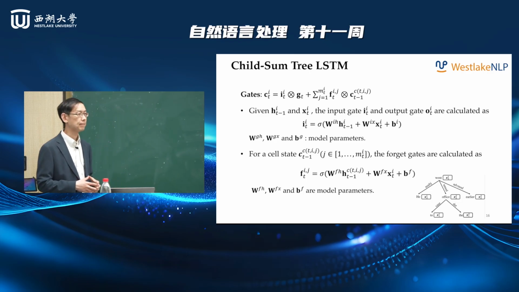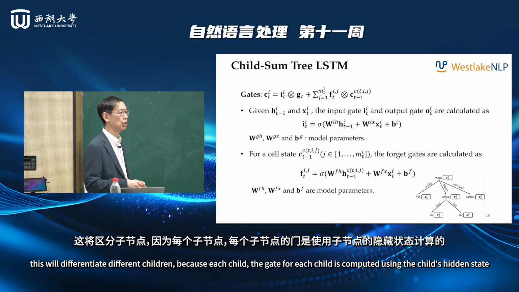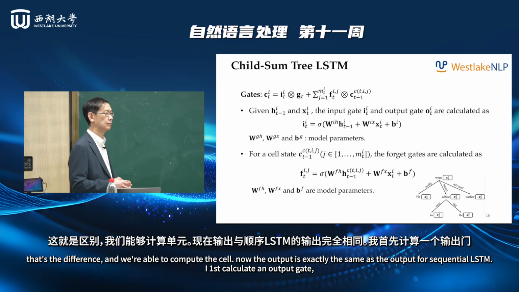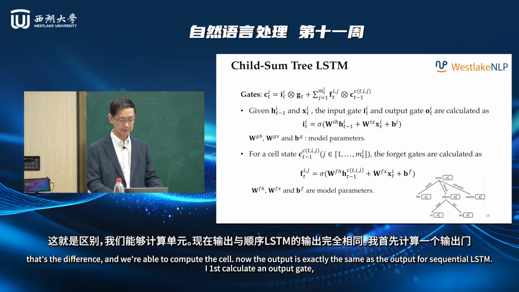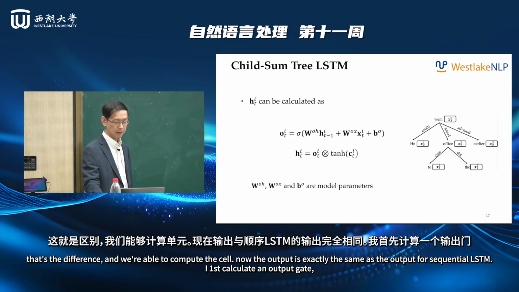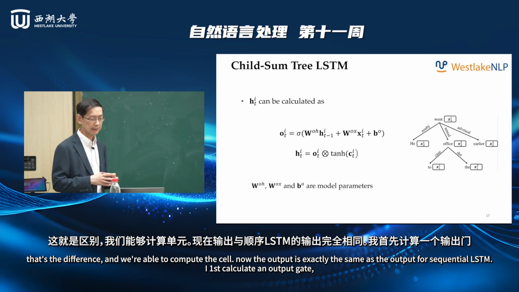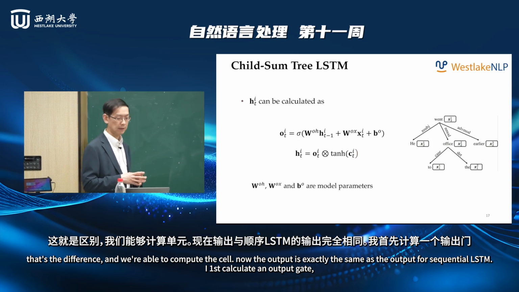So this will differentiate different children, because the gate for each child is computed using the child's hidden state. All right, that's the difference, and we're able to compute the cell. Now the output is exactly the same as the output for sequential LSTM.